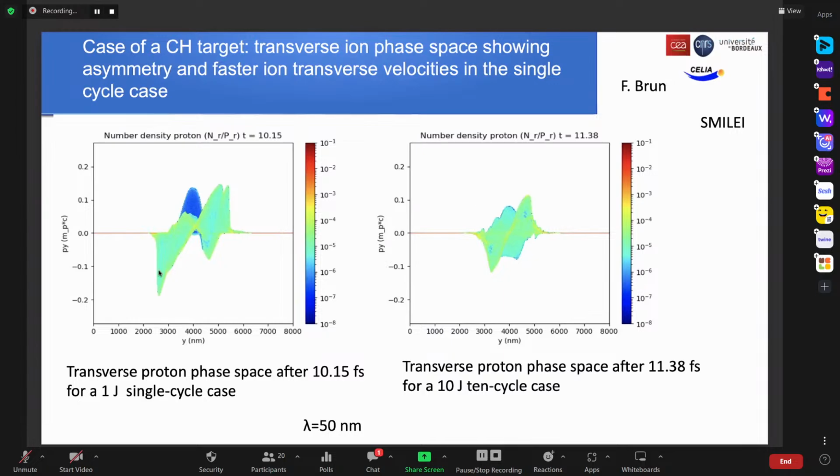And this is another example where here you have the transverse phase space of protons in a single cycle case and a 10 cycle case, this time at 50 nanometers, where we found exactly the same features, where we have this asymmetry in the single cycle case with much faster transverse expansion than in the 10 cycle case, even though it has 10 times more laser energy in this case.